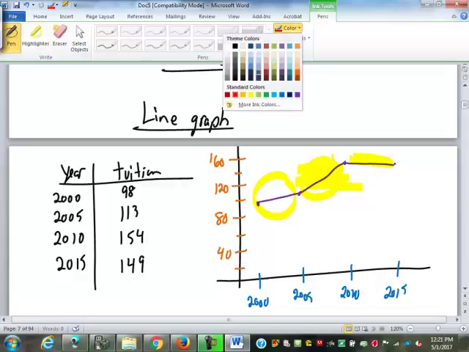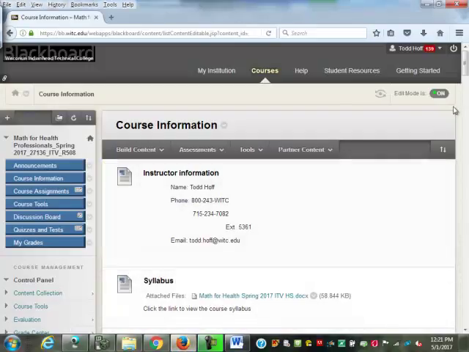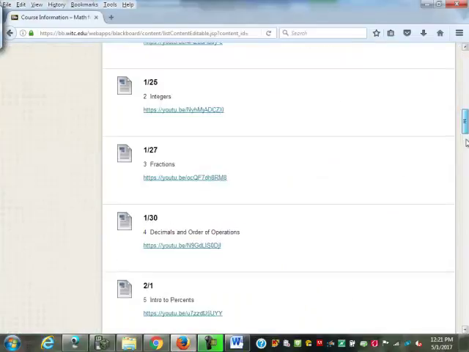I am out of time, so let me give you some homework. Homework's going to be twofold today. It's going to be out of the book, page 326 through 329, or through 330, sorry. That goes over these data graphs, that's 1 through 10. And then on Blackboard, you scroll down in that course information where all the course recordings are.